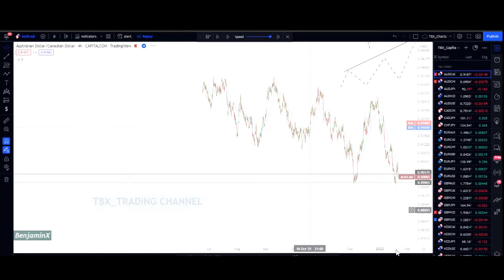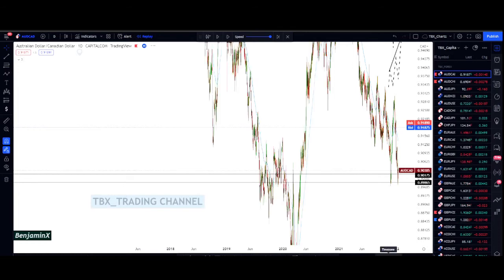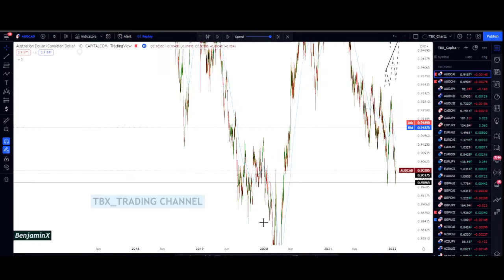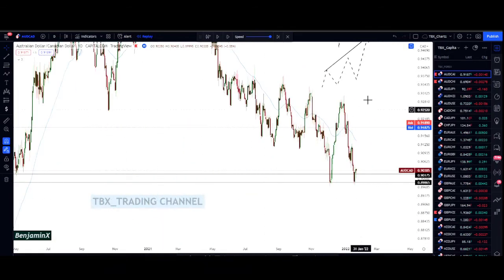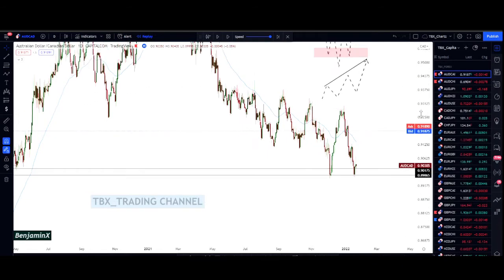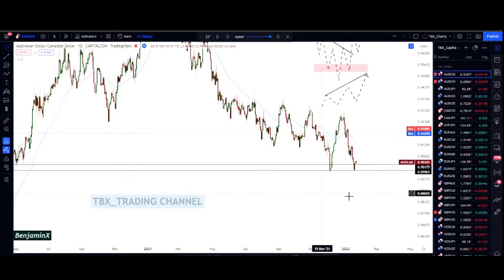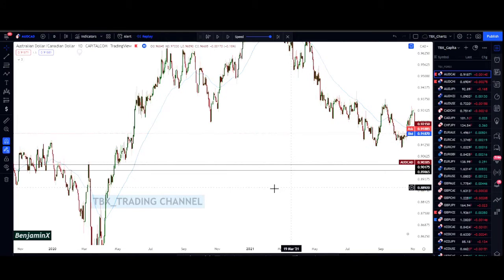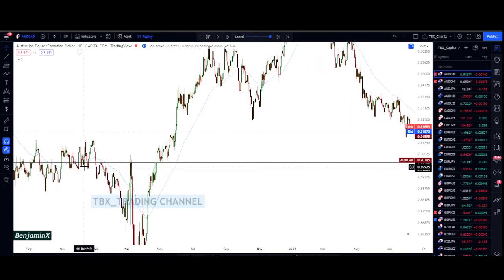Damn, the network is terrible right now. Okay, now this is a downtrend. But if you notice something about this downtrend, price came back to a zone that has been tested multiple times.